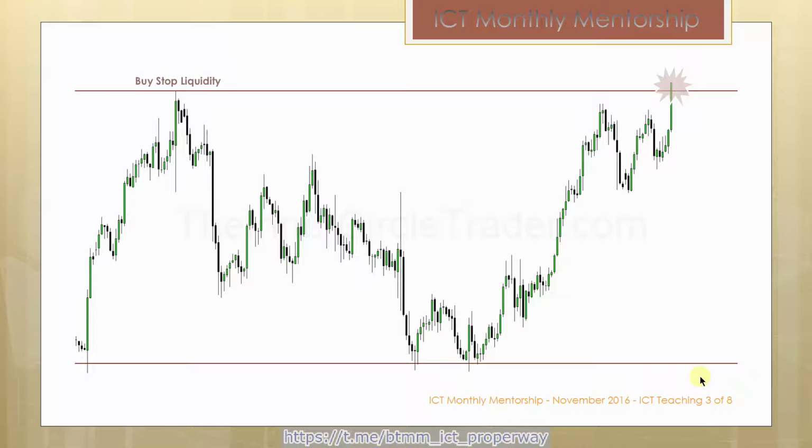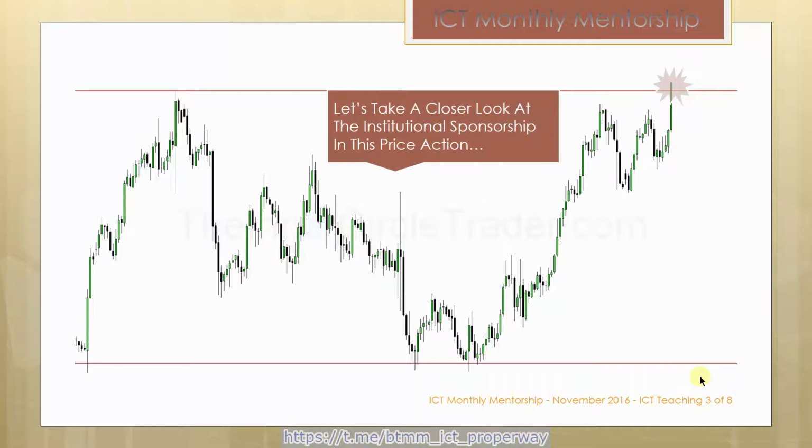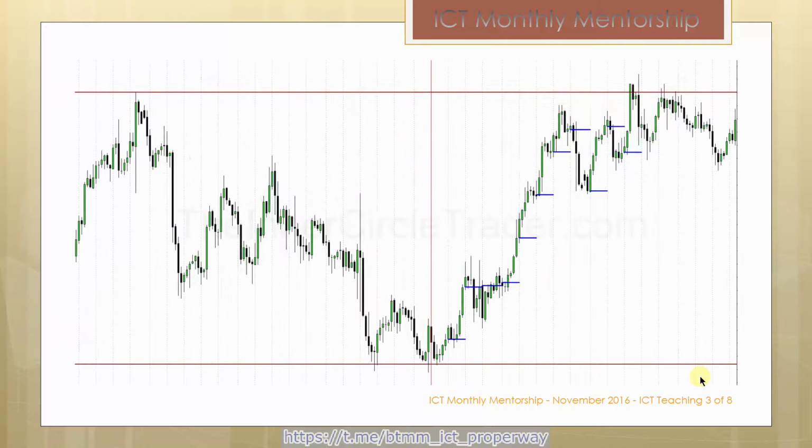So let's take a closer look at why this was such an easy expectation and how institutional sponsorship could aid you in your price action study when you see buy stop liquidity as your targets. What things should we see in price action to help support these ideas? We're going to take a look at this in the form of a lower time frame chart, and again, outlining why the buy stop liquidity was run out.